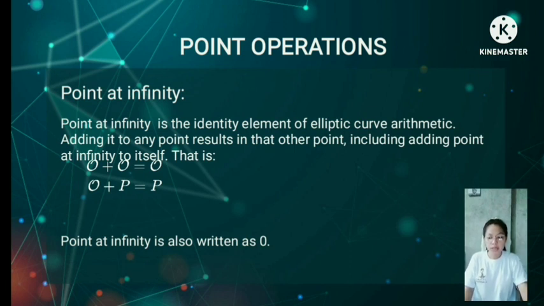Next is point operation. Point at infinity. The point at infinity is the identity element of elliptic curve arithmetic. Adding it to any point results in that other point, including adding the point at infinity to itself. That is, 0 + 0 = 0 and 0 + P = P. The point at infinity is also written as 0.